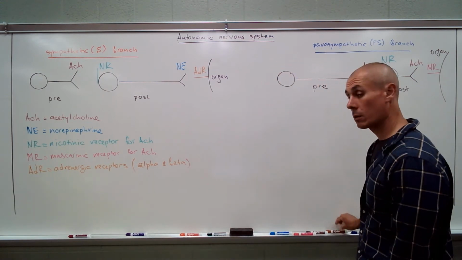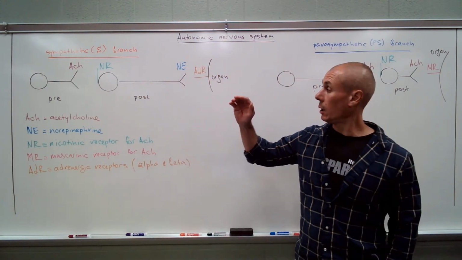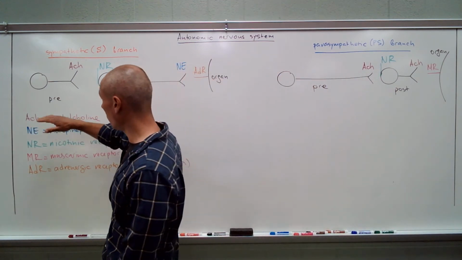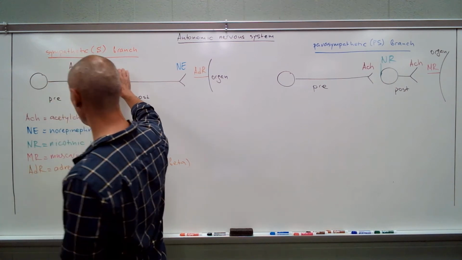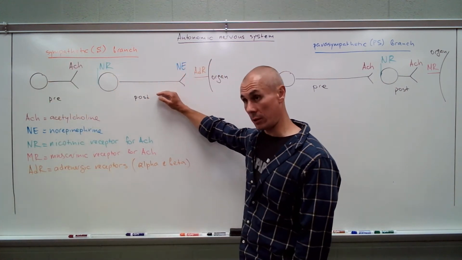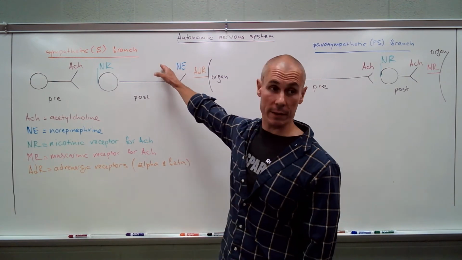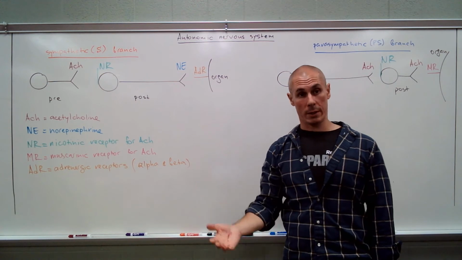So, let me trace what happens in sympathetic branch. When stimulus goes through, preganglionic fiber releases acetylcholine. It binds to nicotinic receptor on postganglionic fiber. Postganglionic fiber releases norepinephrine, which binds to adrenergic receptor on the organ.